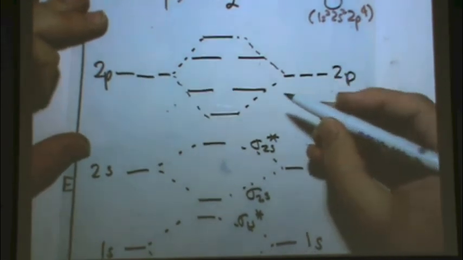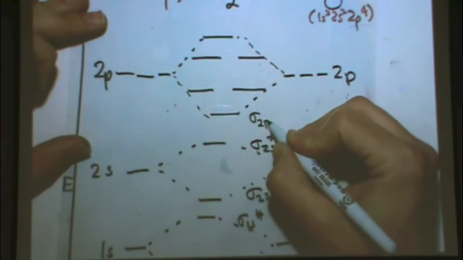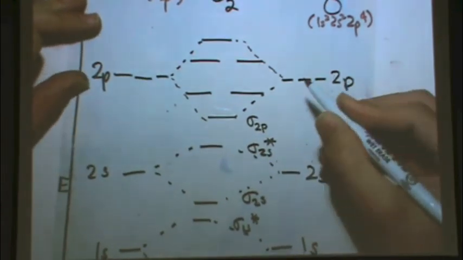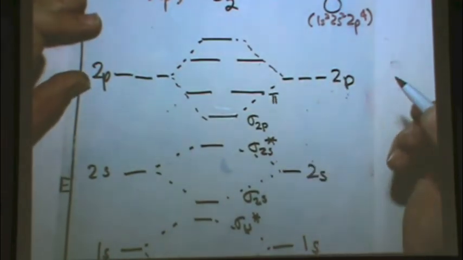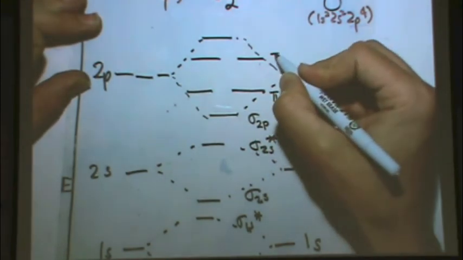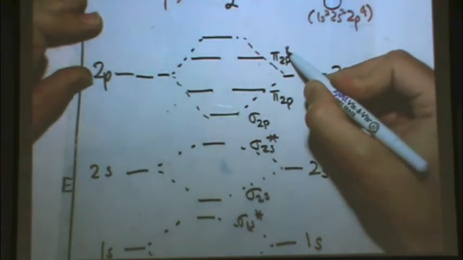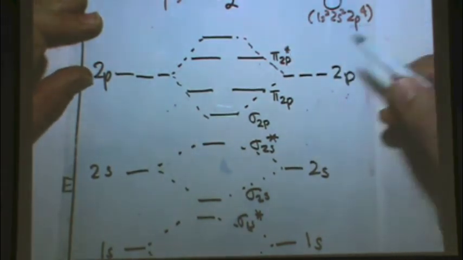And now I know with my little mnemonic, a single line is a sigma 2p, subscript because it's from the 2p. A double line is a pi subscripted 2p. Double line again, pi 2p. But because it's above the middle, I know this has an asterisk, or is antibonding.